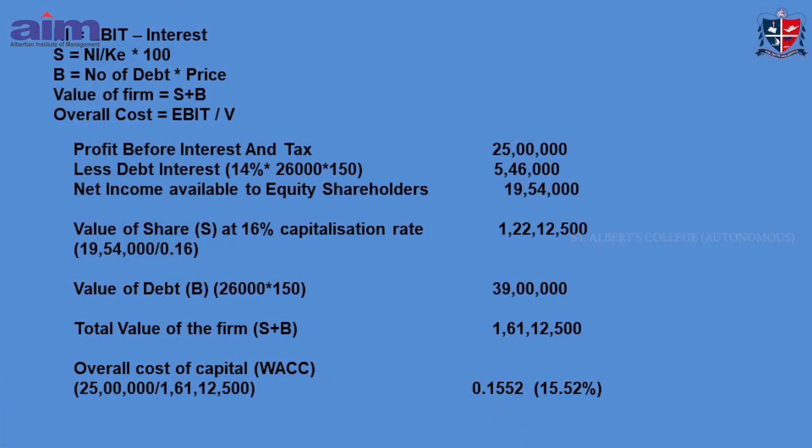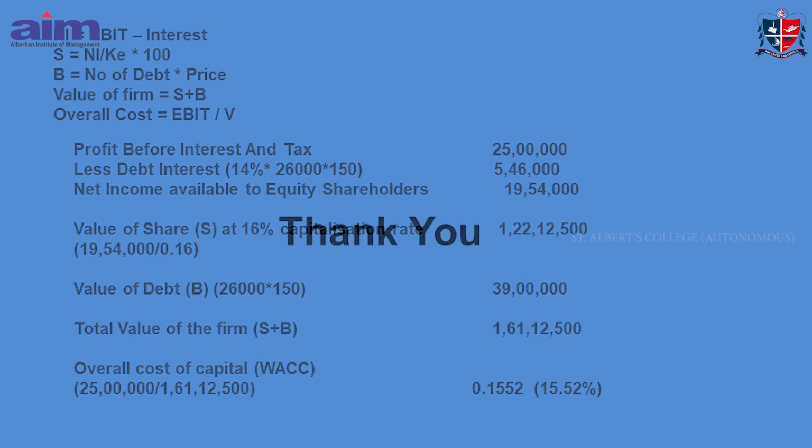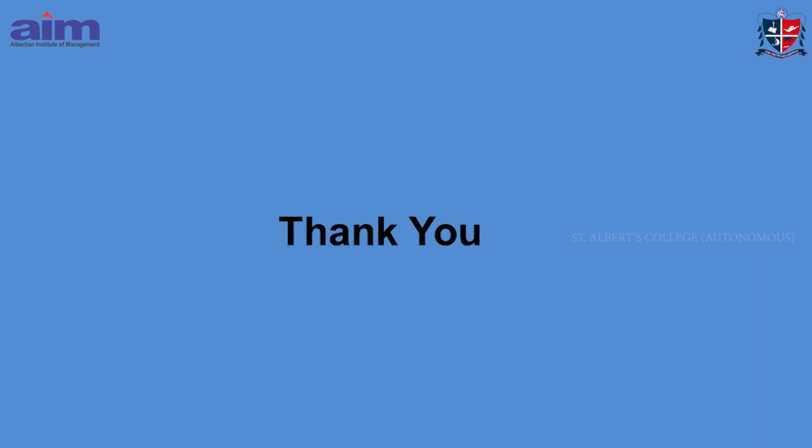By using this, we'll get KO, or WACC, overall cost of capital, 15.52%. So we always express it in terms of percentage because it's cost of capital. So that's all about the net income approach. Thank you.